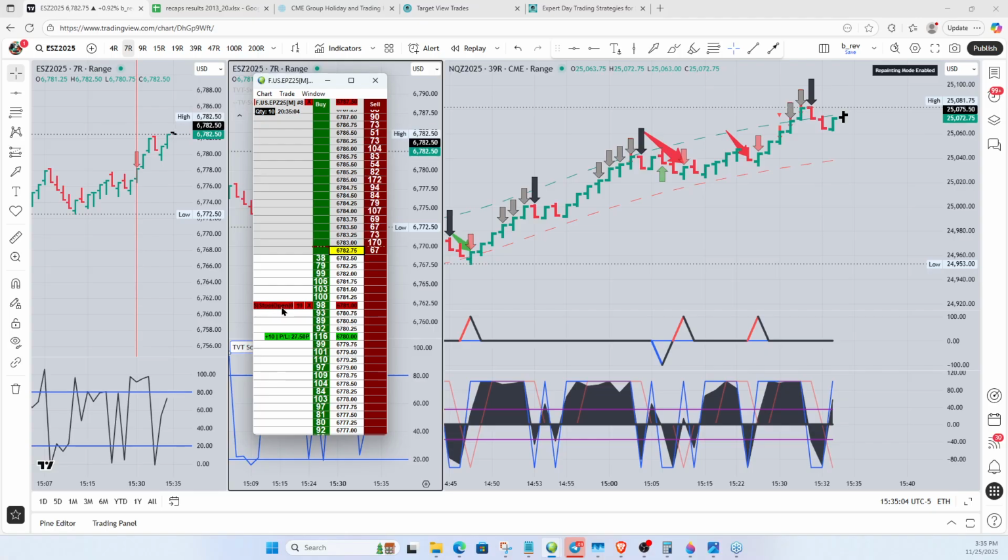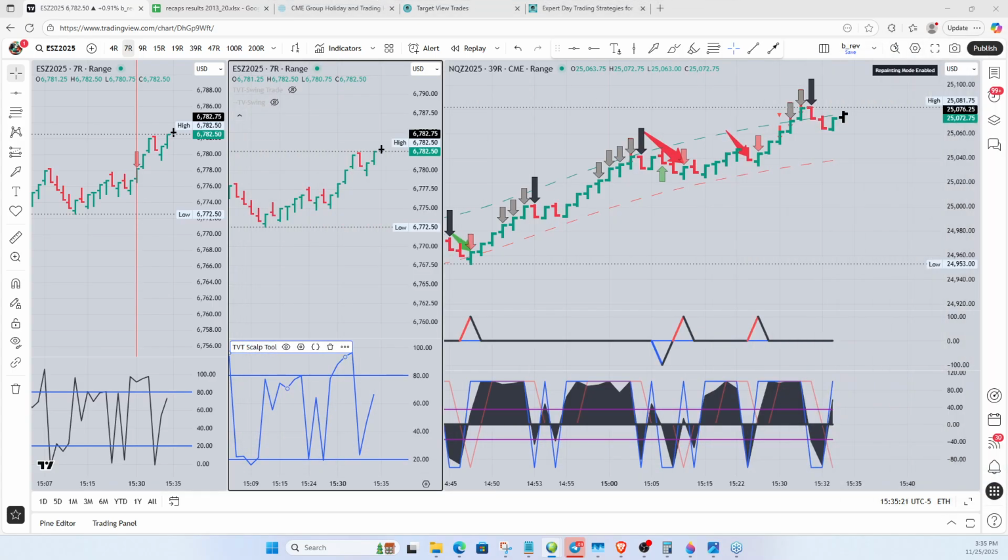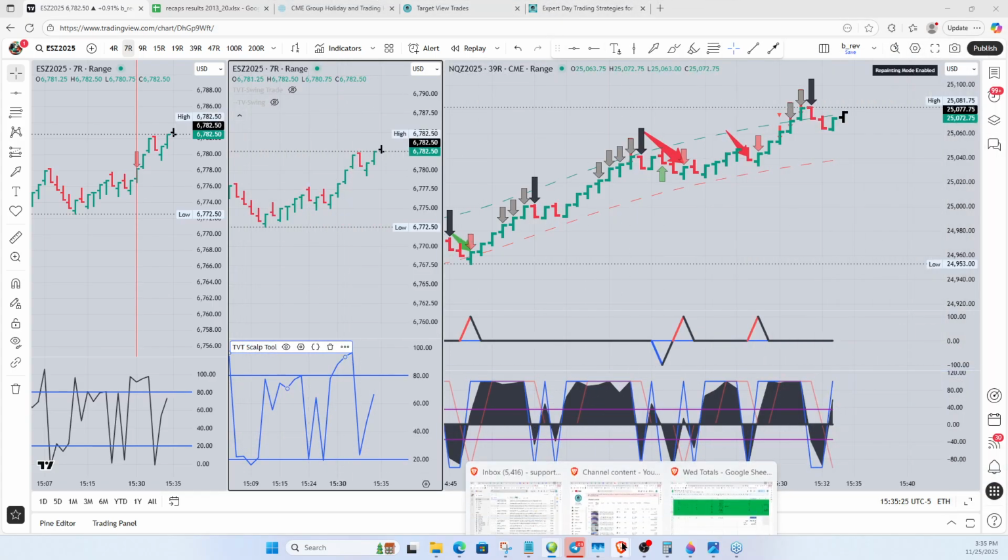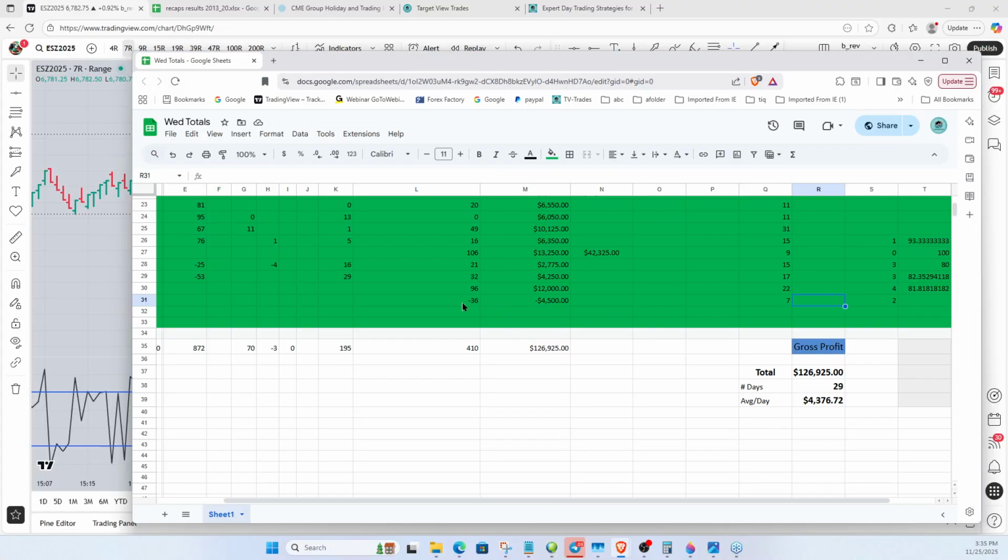There it goes. Okay, that's 8. So I'm going to take 10. It should keep going up from here, but we now have 10 on the ES.